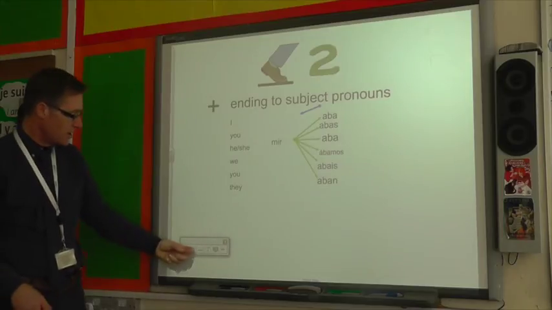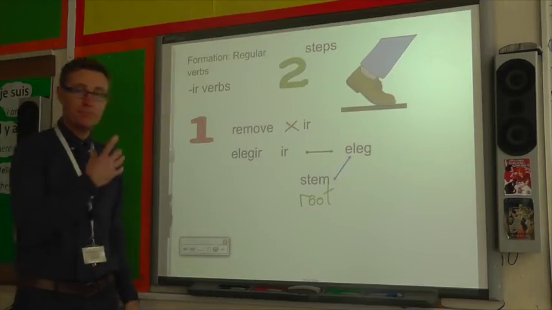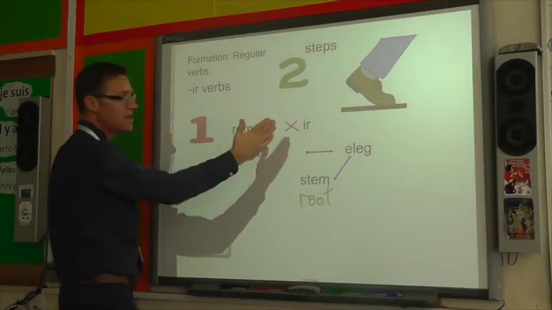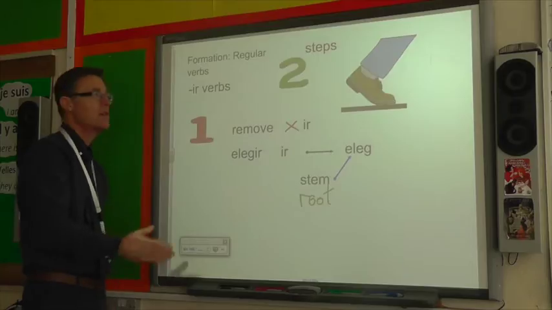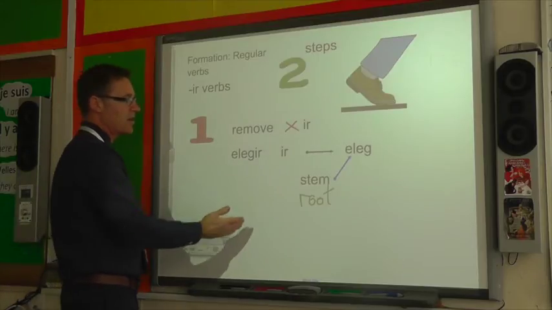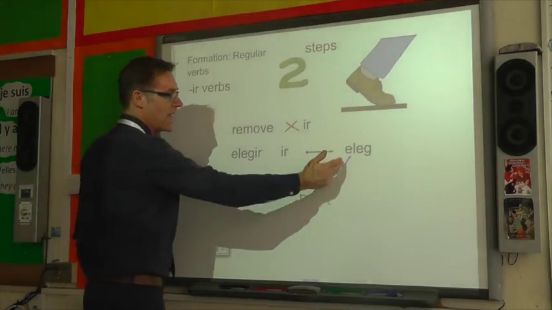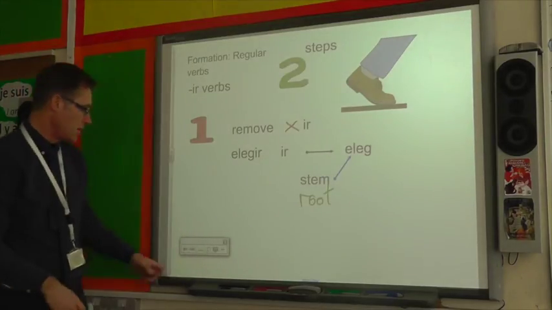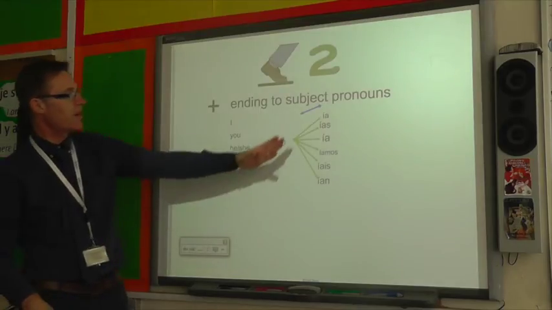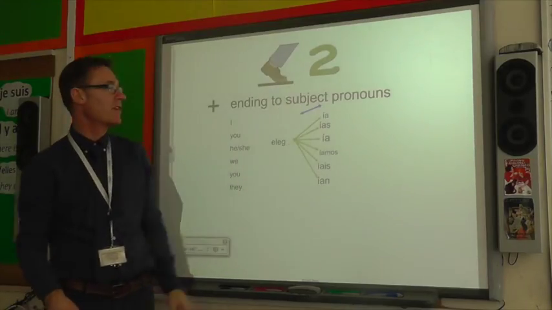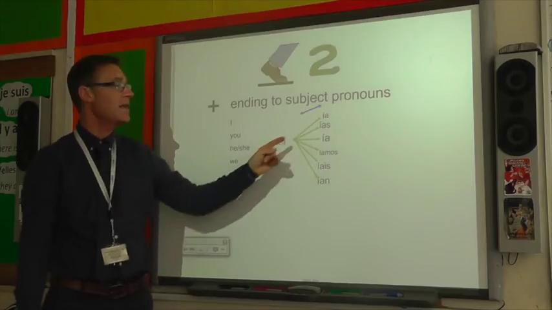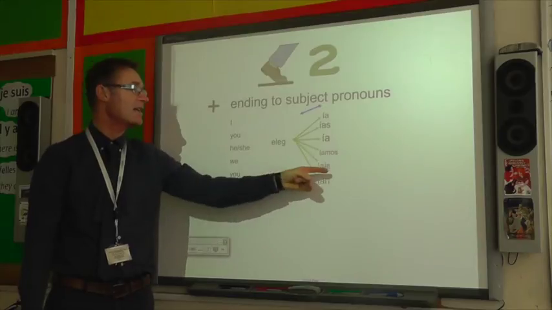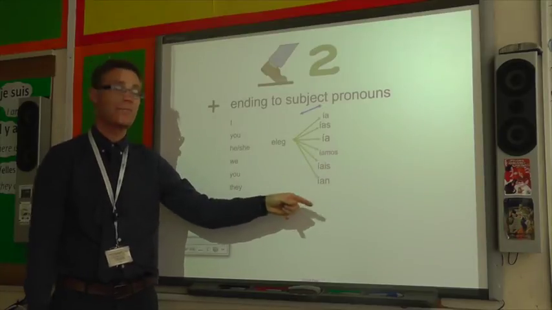So what comes next is our IR verb. I've taken the verb elegir, to choose. Again, the process is exactly the same as for our AR verbs. We're just going to get to our root word, which is eleg. And then this time we're going to add six different endings. This time we're going to have an I sound running through all of these: ía, ías, ía, íamos, íais, ían.